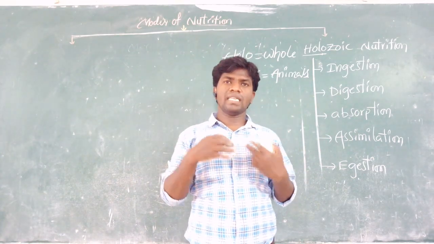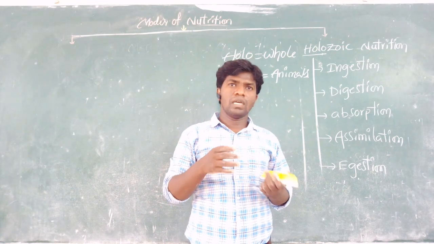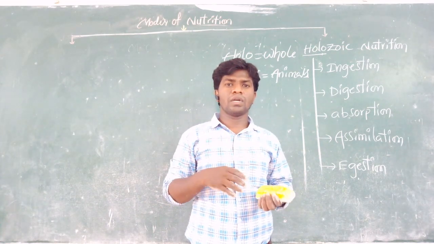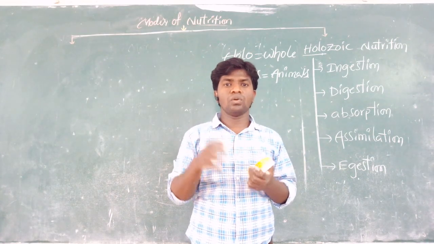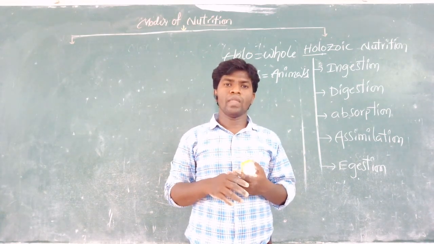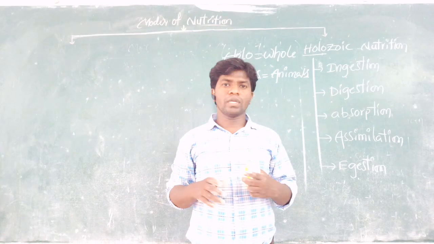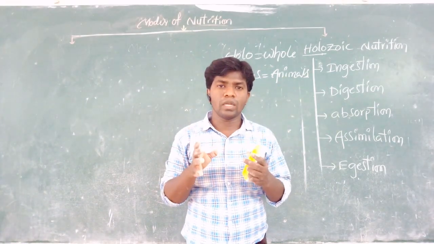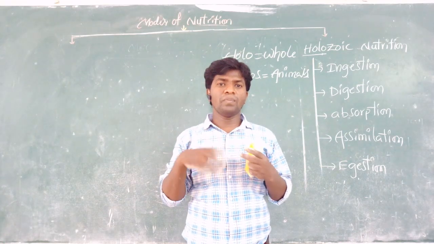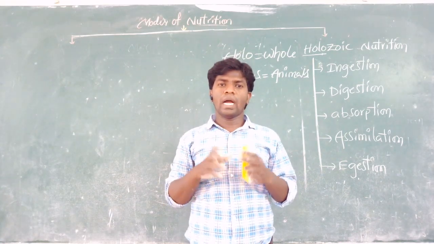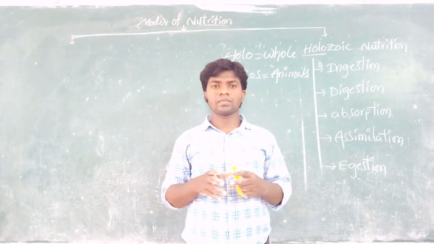Gastric juices, digestive juices and enzymes, and HCl present in our stomach, help convert the food into simple and soluble form. And next, absorption. In absorption, the food is simplified.